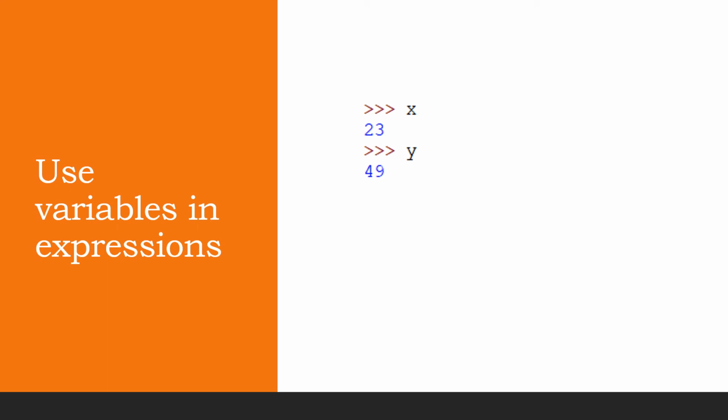Can you see why the computer will evaluate X and Y as variable names and not as strings? That's not the string X and the string Y. They're variables X and Y. Can you see why? It's because they're not in quote marks.